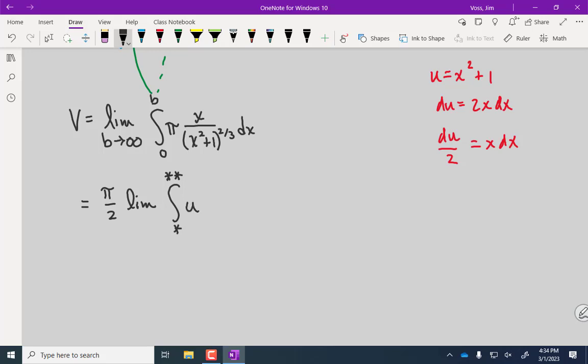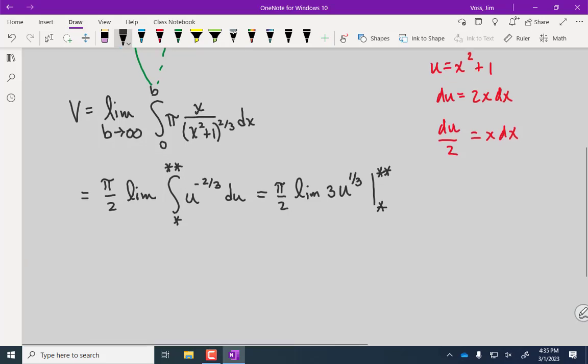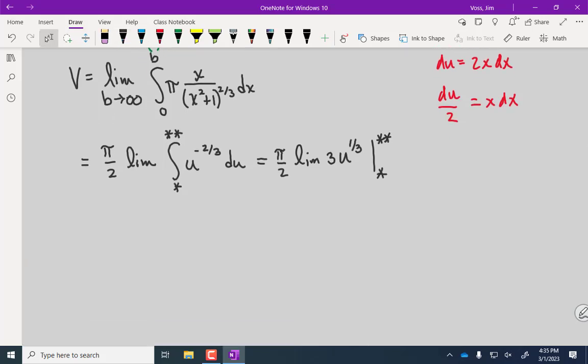Yeah. du. Because x dx turns into du over 2, the over 2 comes out in front. So then we can do this integration. We'll get u to the 1/3 divided by 1/3, with placeholder limits. Convert back.